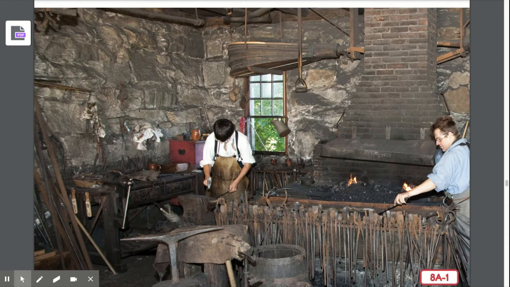The blacksmith is important because he makes the tools for everyone else to do their jobs. Listen carefully to find out about the blacksmith and his trade.